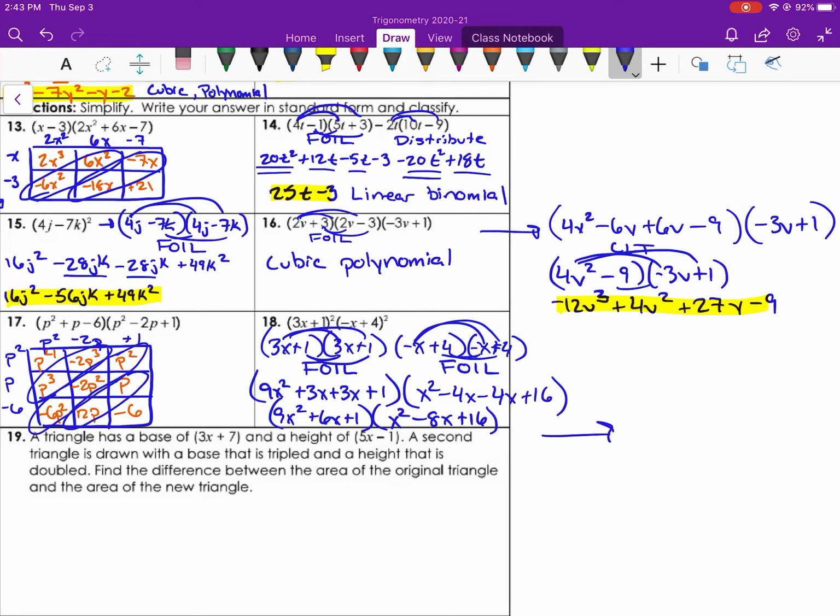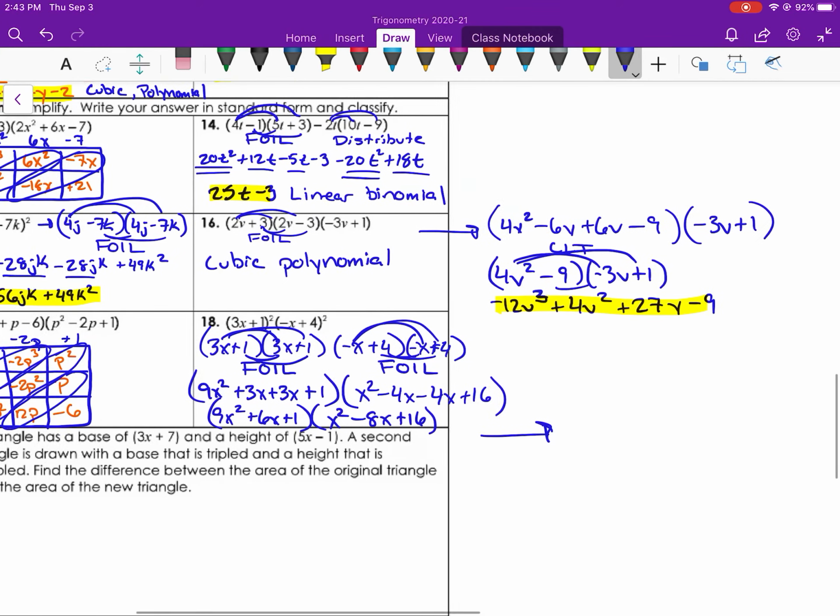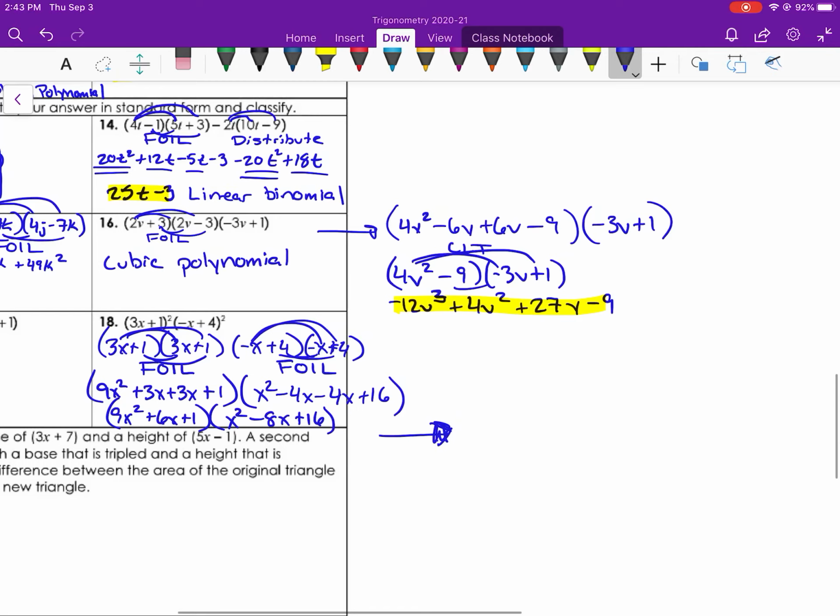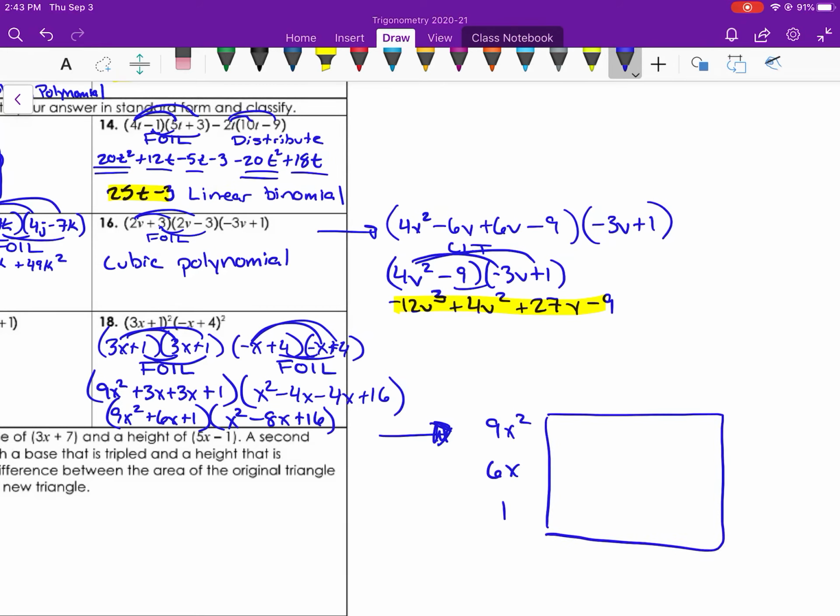Okay, boom. So this is just like 17, so I'm going to do a box method. I got some more space to work, so I can make it look good. So you have 9x squared, 6x, and 1. x squared minus 8x positive 16. Cut my sections. 9x to the fourth, negative 72x cubed.